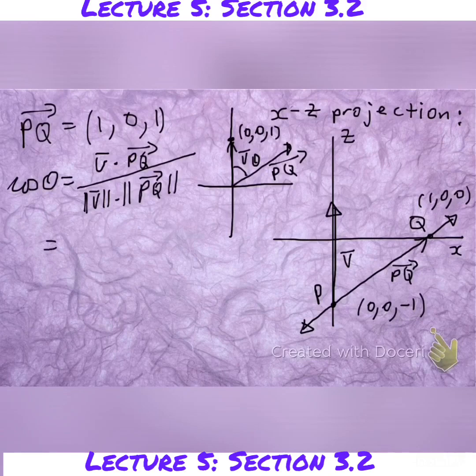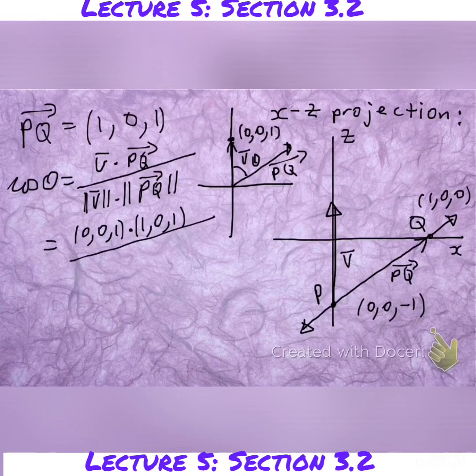We know what V is, and we know what PQ is: V is the unit vector in that direction, and PQ is the vector we said, 1, 0, 1.